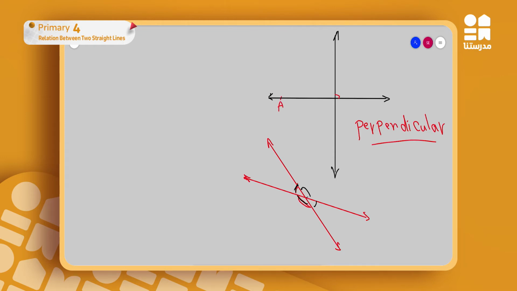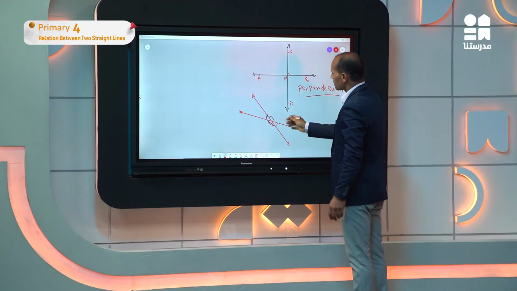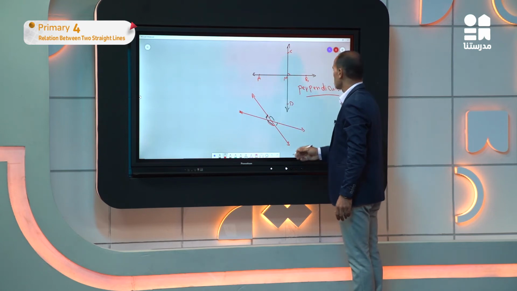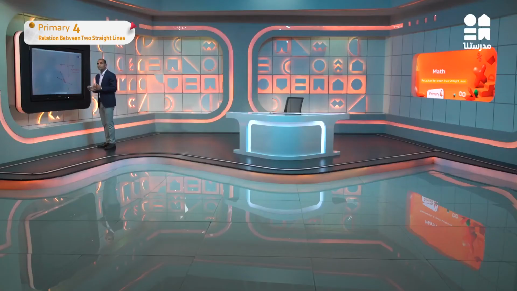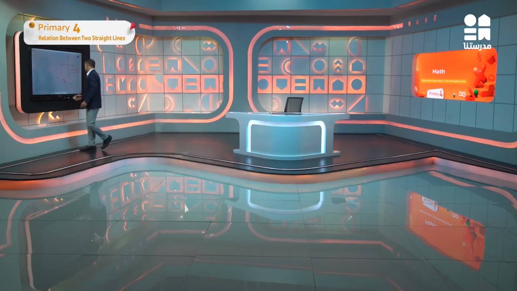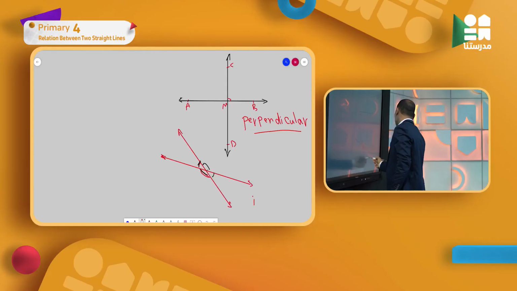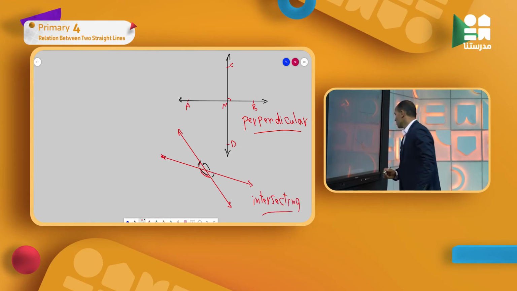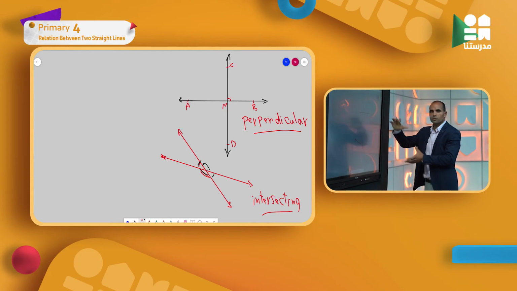For example, AB and CD, and this point is called M, the intersection point. But here the two straight lines, as you can see, are called intersecting straight lines. But what is the common feature between them?